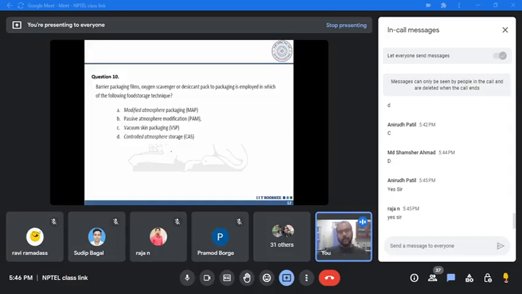You have seen many containers have an oxygen scavenger, some pouch, containing some silica gel, or some iron or some metals, so that they can scavenge oxygen or their moisture also. And they have barrier packaging. So what is that food storage technique called? Whether it is modified atmosphere packaging, passive atmosphere packaging, vacuum skin packaging, or controlled atmosphere storage?